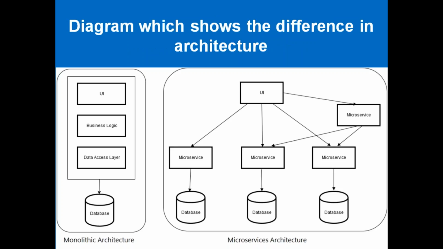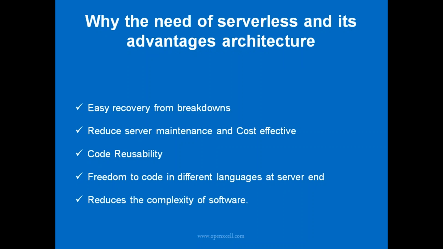So if there is any breakdown in one key feature, only that part of the application will be affected and everything else will work properly. As everything is divided into microservices, we have to fix only the relevant microservice. Secondly, all other microservices are intact, so there is no downtime for any other feature in the application.